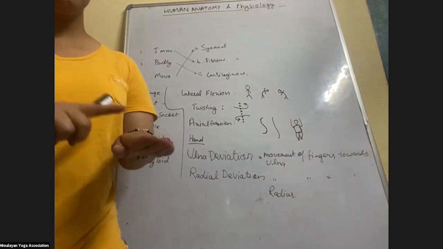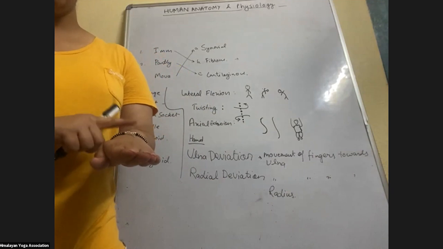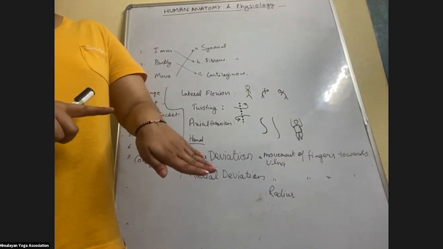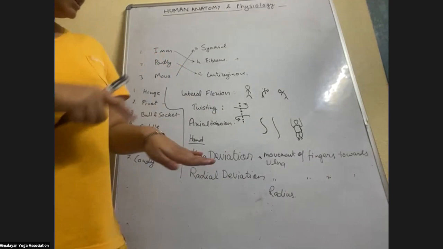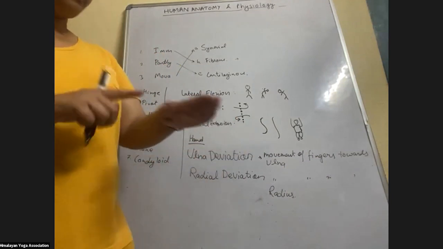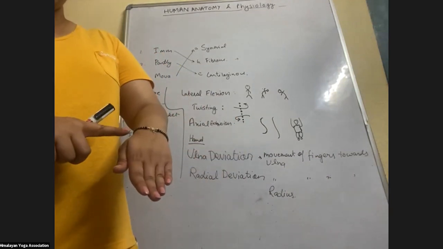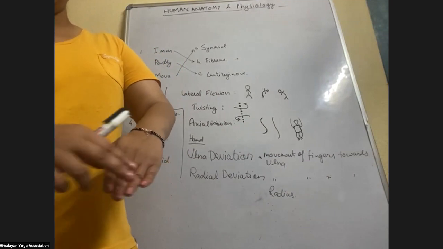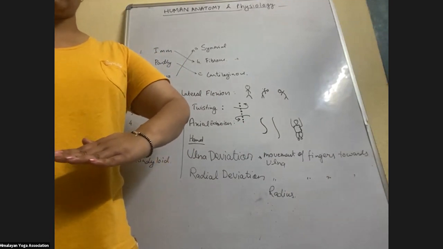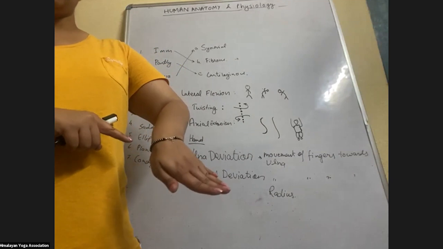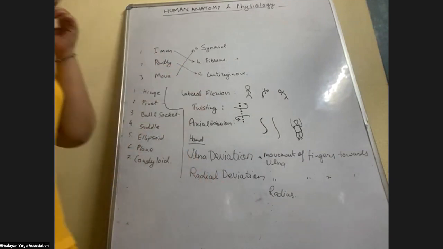You understand? This wrist movement towards ulna is ulnar deviation. Movement towards the radius is radial deviation. I hope this is clear.